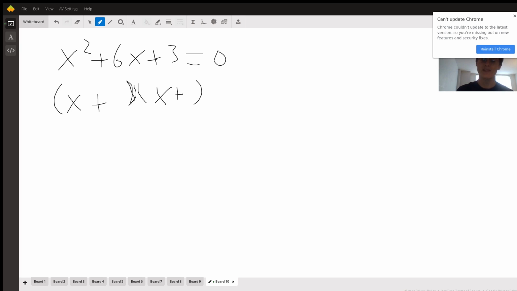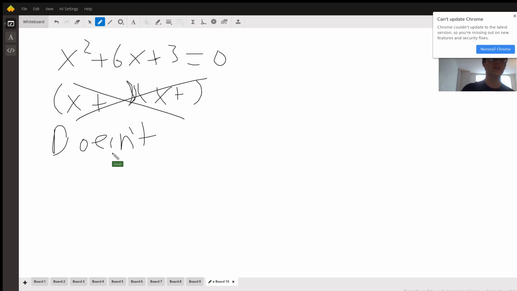Are there any two numbers that multiply to 3 but add to 6? 3 times 1? No, they add to 4. So no, there is no way to factor this. This quadratic doesn't factor. It's irreducible. You can't factor it into smaller integer pieces.